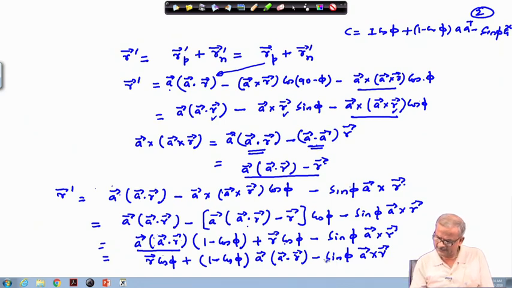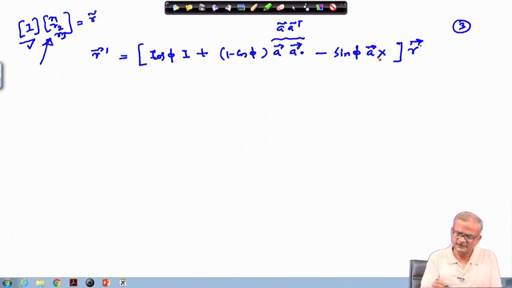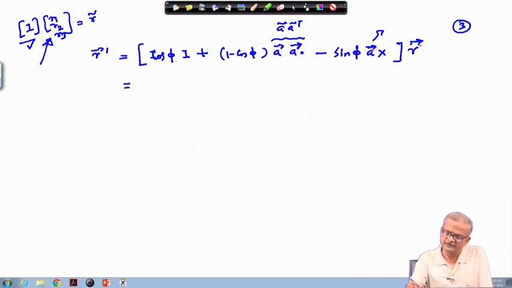So, r is taken outside. This remains minus sin phi a cross. So, we next get minus sin phi a cross. Finally, instead of writing this a and this arrow, we write a tilde, which indicates the vector in this format.